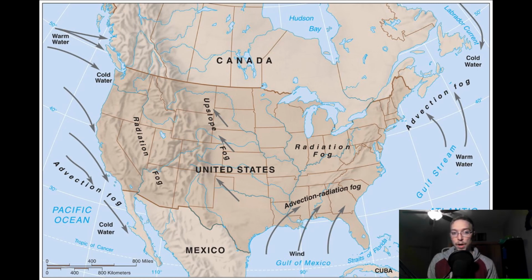We see this advection fog along the Pacific coast, radiation fog in the inland regions of the Great Basin, over in the Midwest as well, advection and radiation fog in the Deep South. One of the main ones that isn't a form of radiation fog or diabatic process is the upslope fog. Upslope fog is driven by adiabatic processes, which we will get into in our next video.